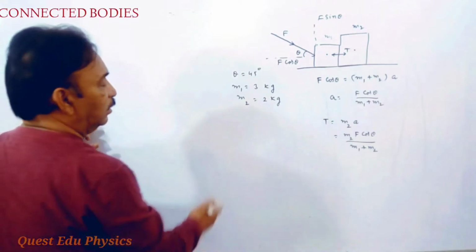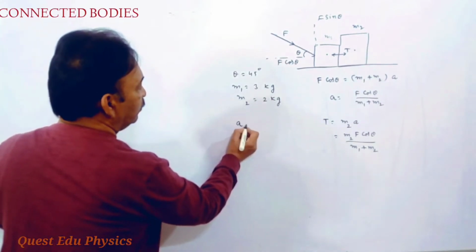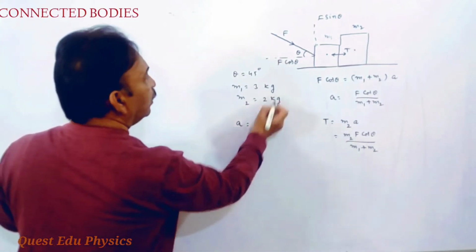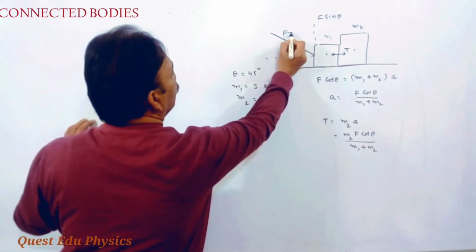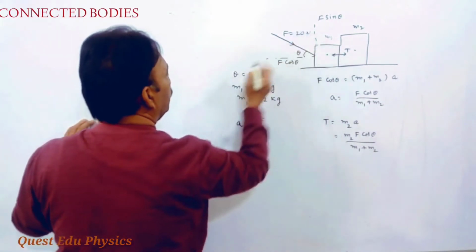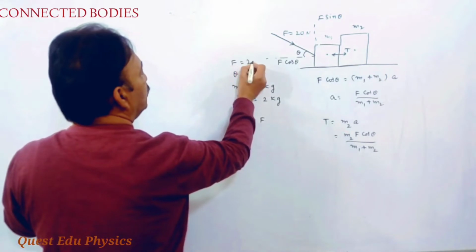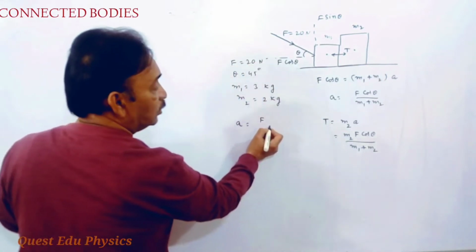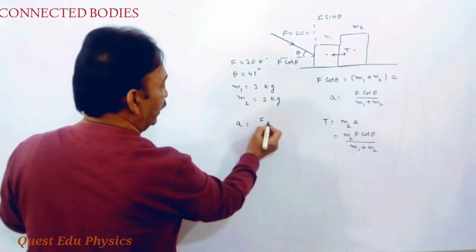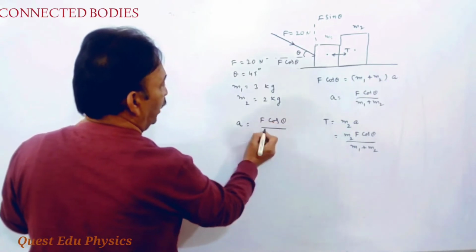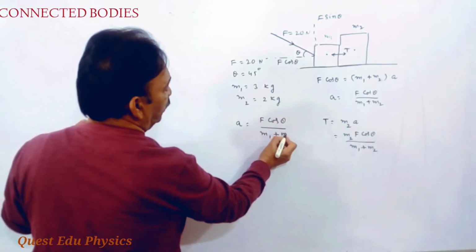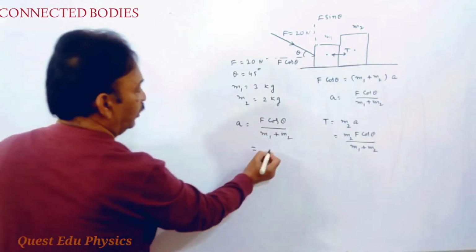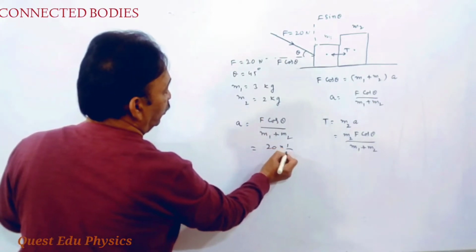See what we did. First we have to find out the acceleration. F is equal to 20 Newton. Put the values. What you get, A is equal to F cos theta by m1 plus m2, F 20 into 1 by root 2.